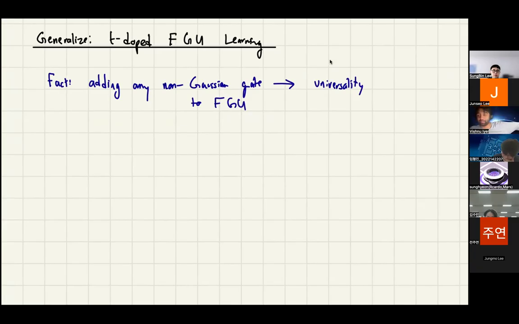If I take any gate that's not a beam splitter or a phase shifter, or a combination of them, and I add it, giving myself that extra power, I can make any unitary operator. This is called universality.